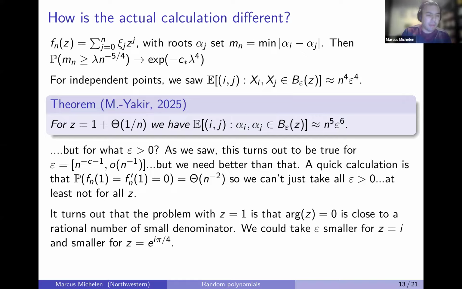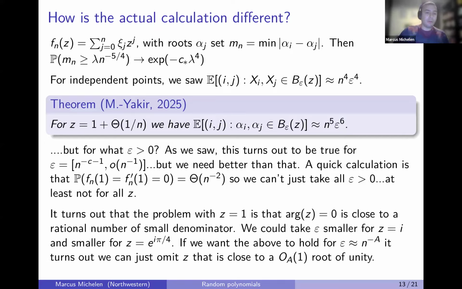And I can take it even smaller, right, if I look at e to the i pi over 4. So it'll turn out, if I want this to hold for an arbitrarily small polynomial power, I can just omit points that are close to some root of unity of given order. I also want to note, I said actually root of unity, but I mean that the angle corresponds to a big O of 1 root of unity.